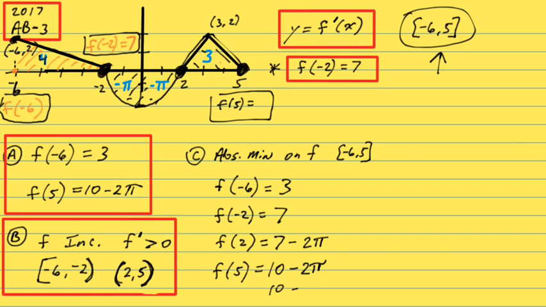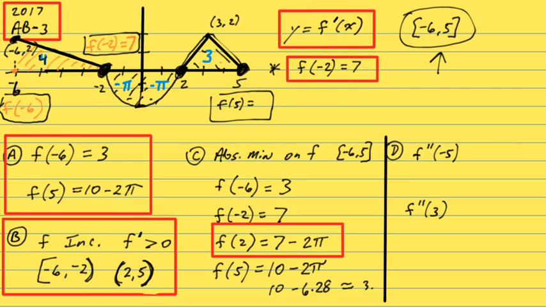Well, 10 minus 6.28 is going to be what? 3 point something? So I think the minimum would probably be f of negative 6. The minimum would be 3. But let's see what they say. You're right. 7 minus 2 pi is smaller than 3. So f of 2, the y value is 7 minus 2 pi. That would be the minimum.